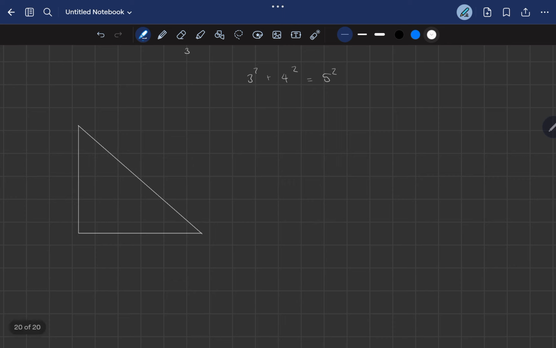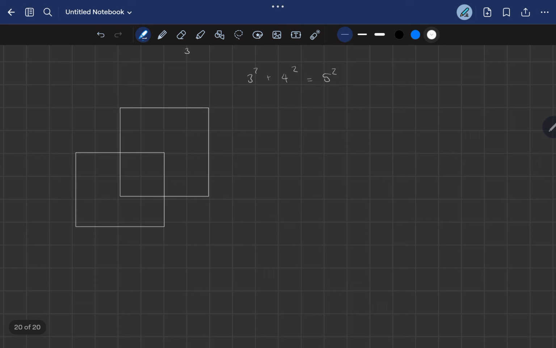Let me draw a... Okay. I have a cube right here.